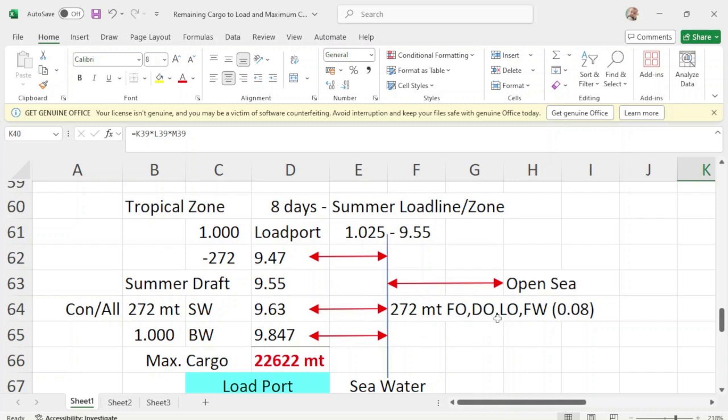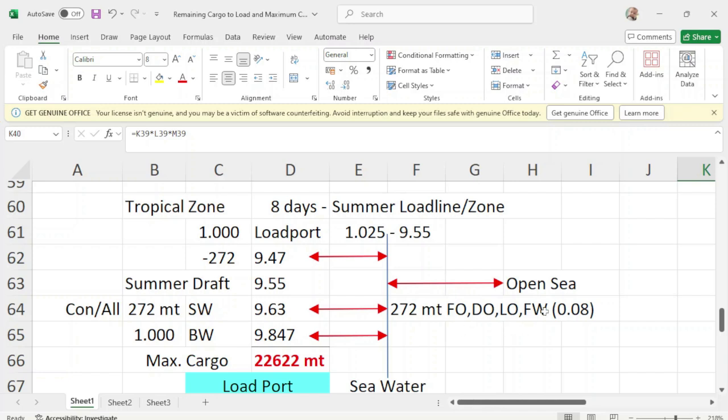This is when you load, when you consume. When you put the 272 metric tons, you will have this drop in salt water, and when you're floating in a density 1.00 brackish water, this will be your drop.